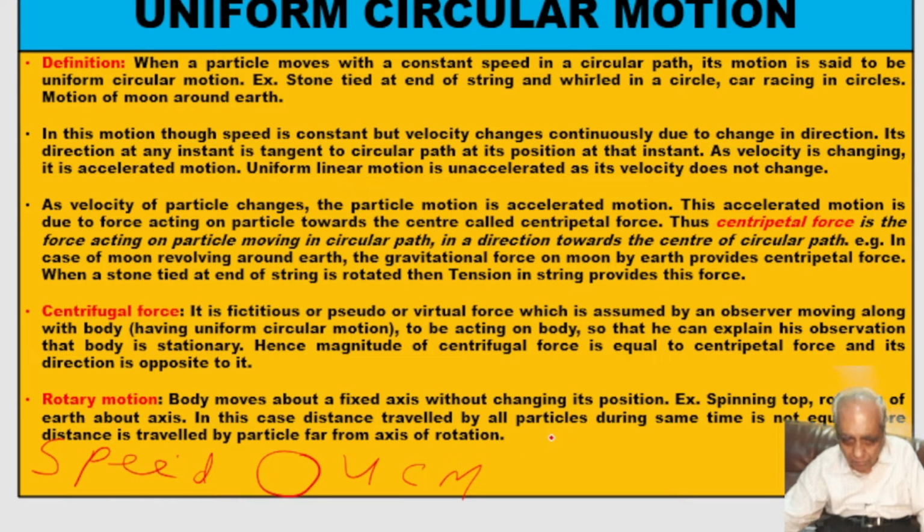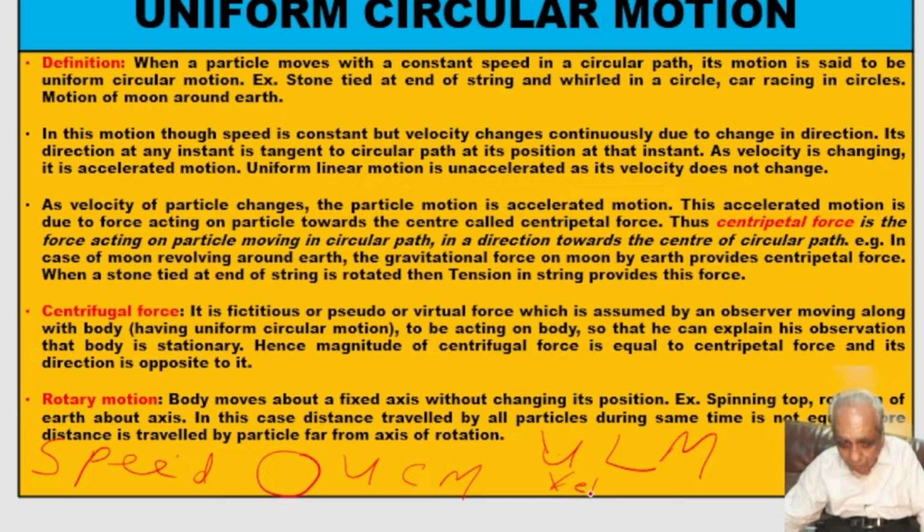A similar word we learnt last time was uniform linear motion. Now see the difference. Linear means moving in a straight line. So when it is uniform linear motion, uniform means constant velocity.